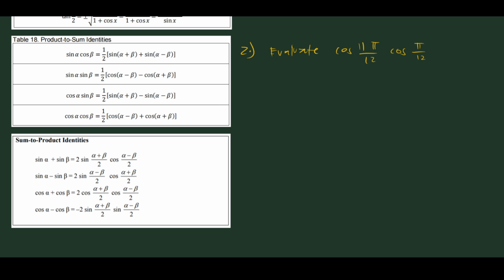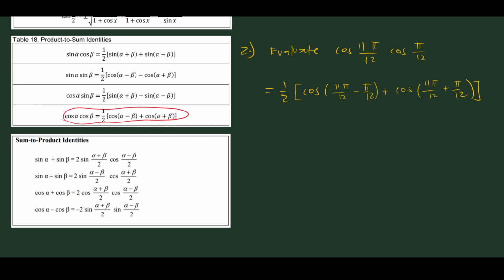We are going to use the same identity, the last one. So this will be equal to 1 half cosine 11 pi over 12 minus pi over 12, right? And then we get plus cosine 11 pi over 12 plus pi over 12.